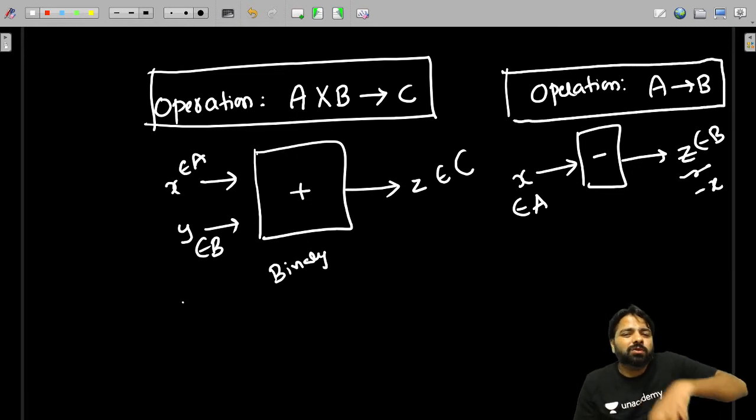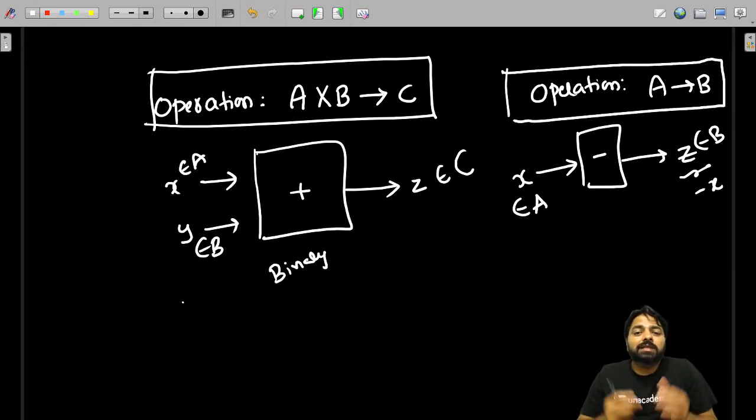In that case, the domain could be a simple set, but the meaning is different. Operation and function, what is the difference? A function need not be an operation, but an operation is a function.